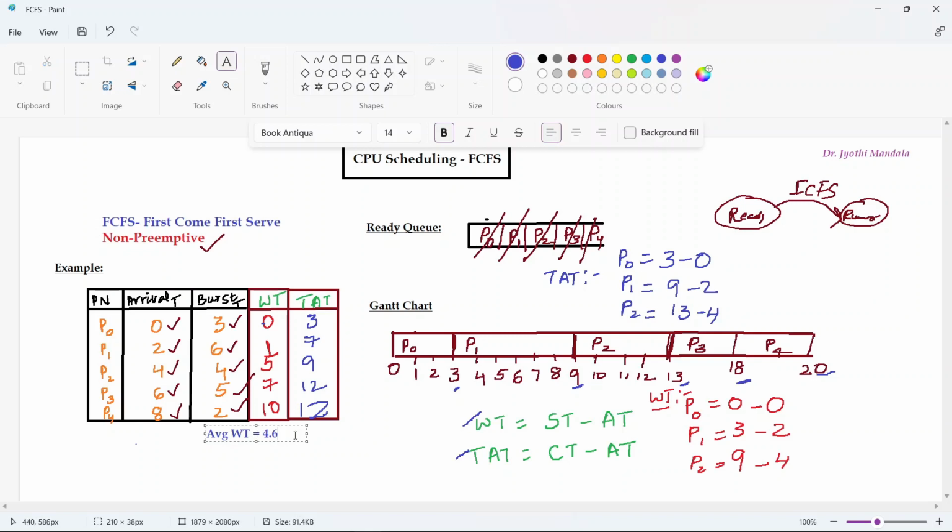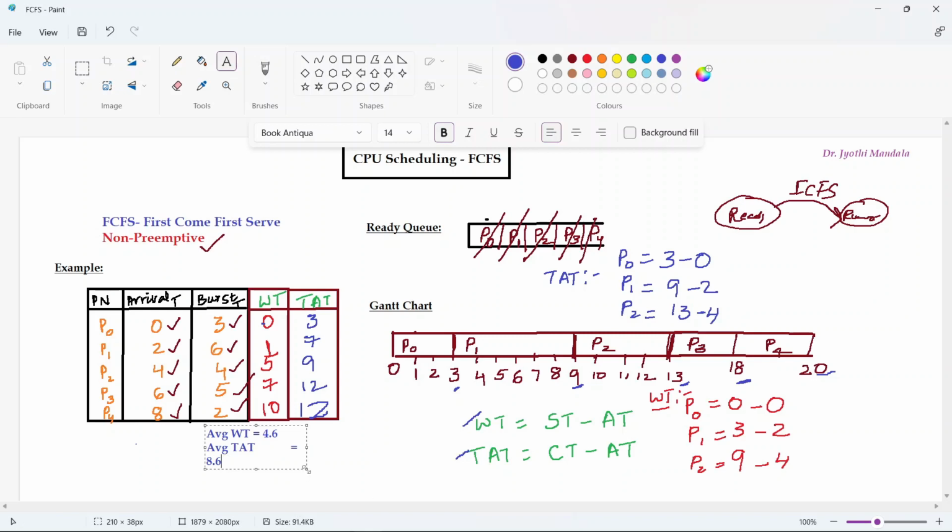How did you get this? By adding all these values and dividing by the total number of processes. Average turnaround time is equal to 3 plus 7 plus 9 plus 12 plus 12, which is equal to 43. 43 by 5 is equal to 8.6.